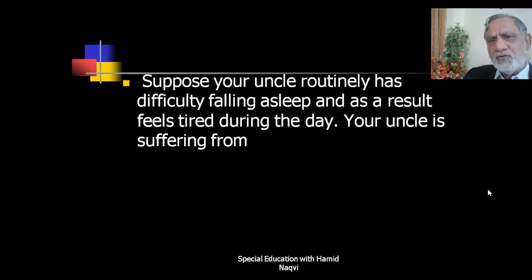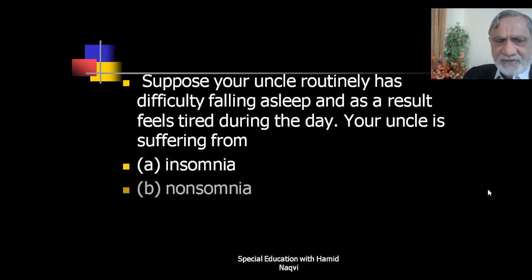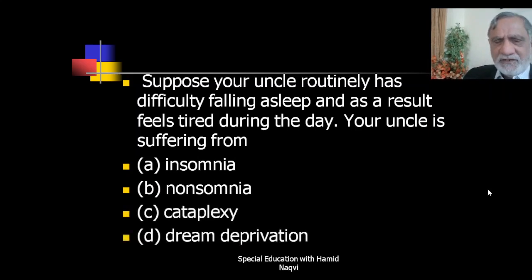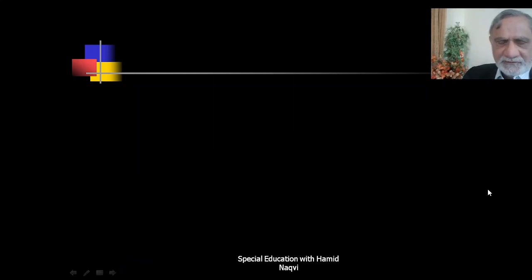Suppose your uncle routinely has difficulty falling asleep and as a result feels tired during the day. Your uncle is suffering from insomnia, narcolepsy, cataplexy, or dream deprivation? Correct is the first one, that is insomnia.